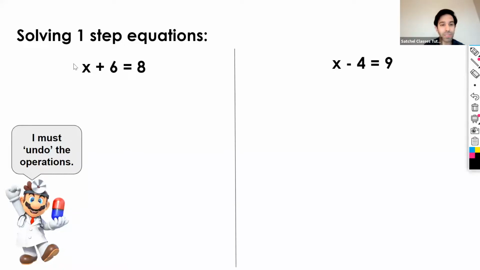However, as the equations become more and more difficult, it's really important to understand how we can solve an equation using a set of processes. So what we need to ask is, what is actually happening to x right now? Well, we're adding 6 to x, and then we will get 8. So I can draw a little table here, and ask myself, what is happening to x?